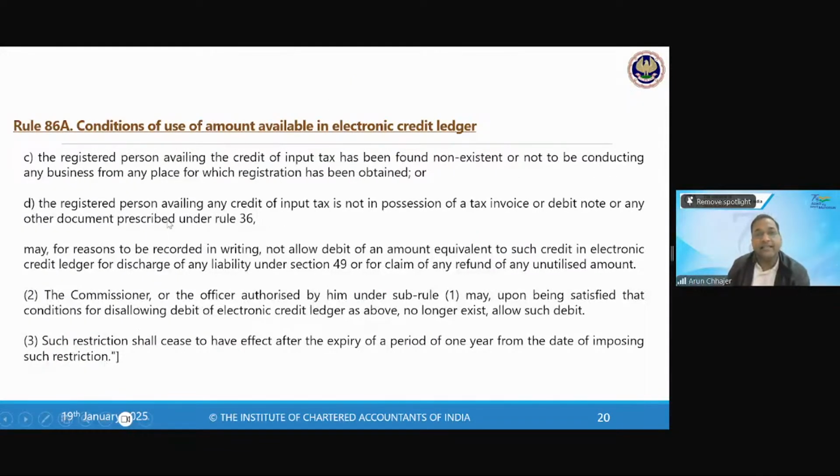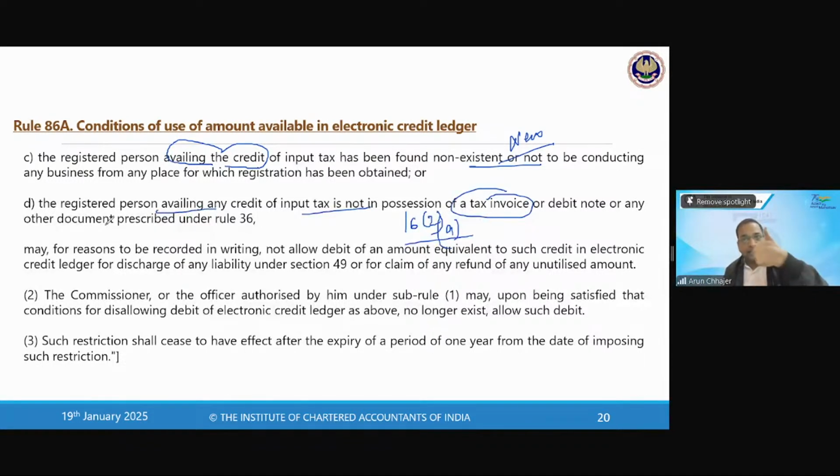Then we are saying the ITC availed by the recipient is non-existent. Obviously, the non-existence condition is new, added by Rule 86A. The registered person availing the ITC is not in possession of the goods. This is also a 16.2 condition, the first one. Now these are the total 5 points.